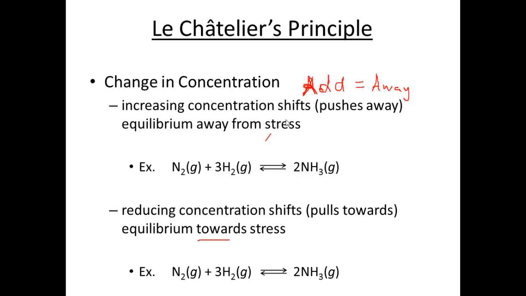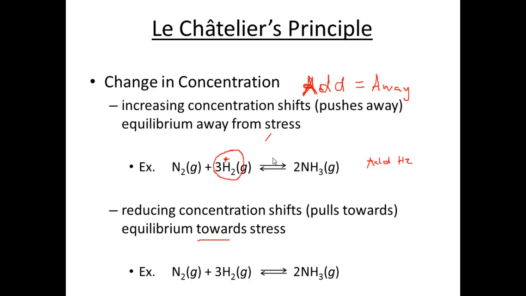Now, what this means, I think on your note packet, is we're going to add hydrogen gas. If we're adding some of this, how I want you to show your work is to circle whatever stress we're applying. So if we're adding hydrogen gas, I want you to circle that.